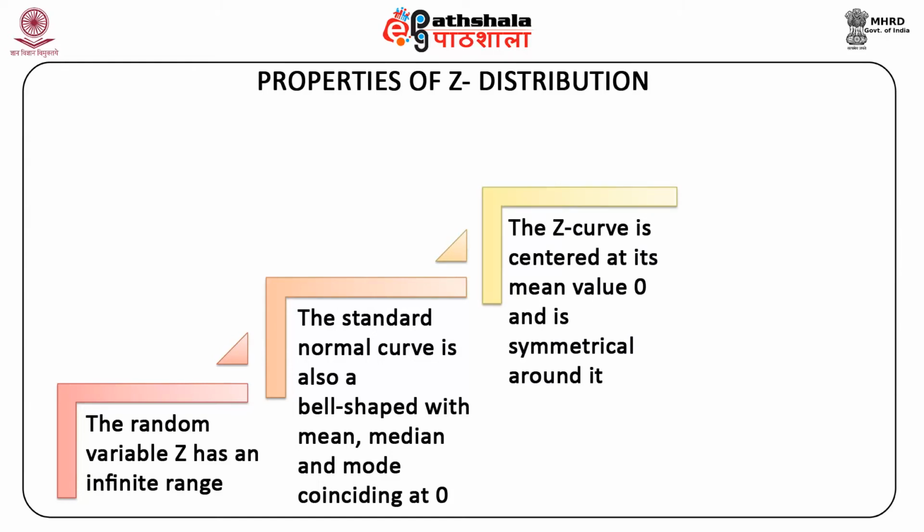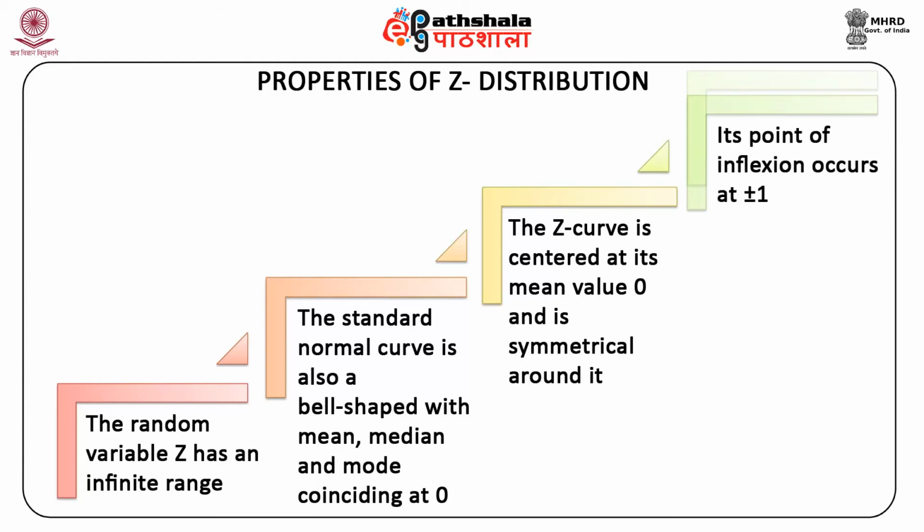Probability that z lies between minus infinity and 0 is equal to the probability that z lies between 0 and plus infinity, which is equal to the probability that z is greater than or equal to 0, which is 0.5.